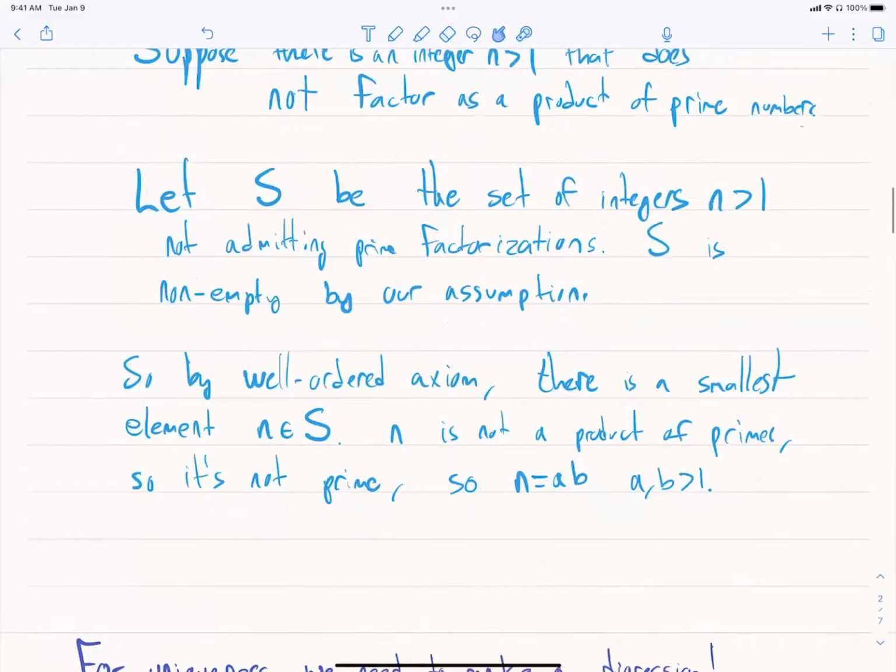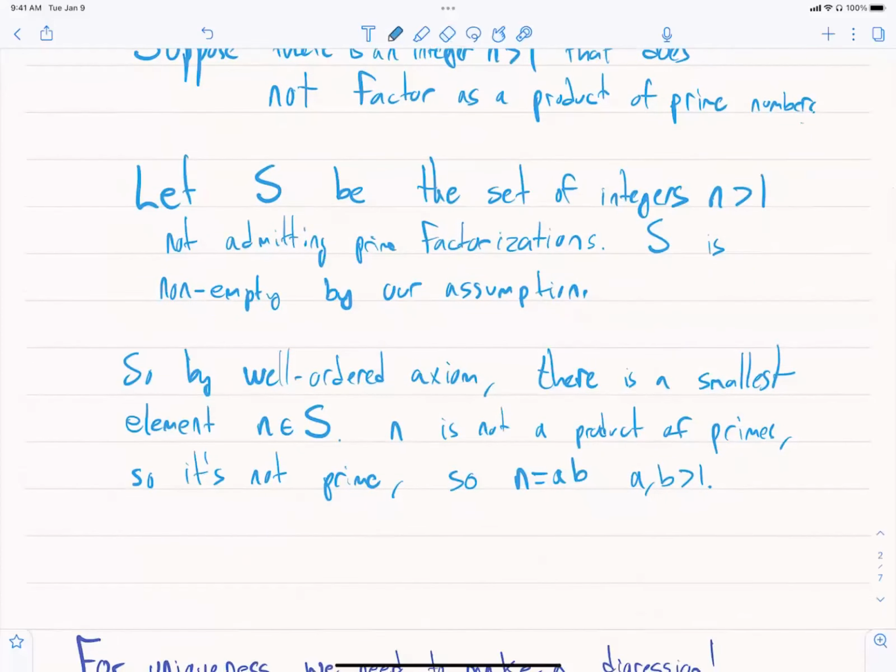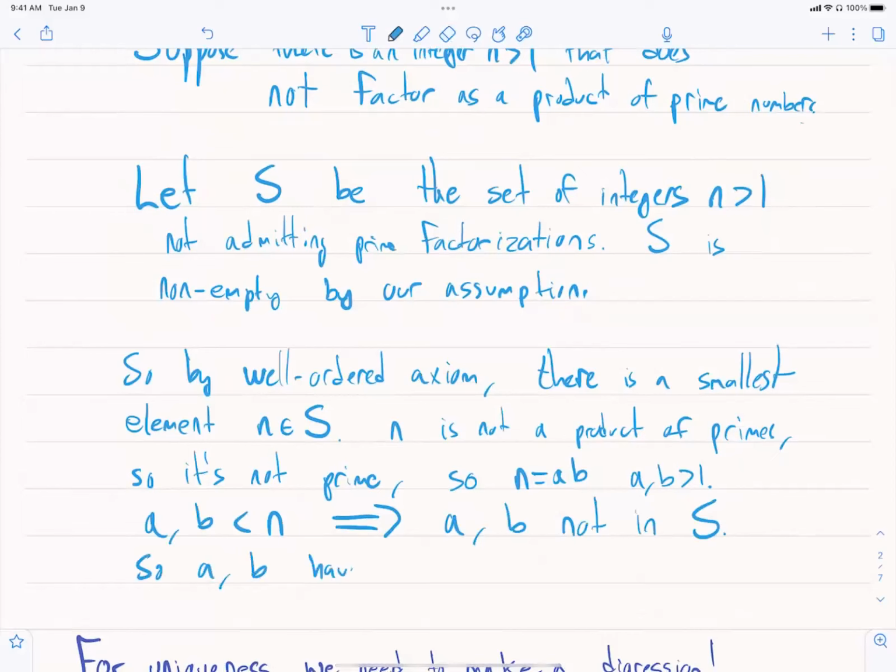They're both still greater than 1. Well, since a and b are smaller than n, that means a and b are not in S, because n is the smallest element of S. But S is a set of things that don't have prime factorizations. So a and b have prime factorizations.